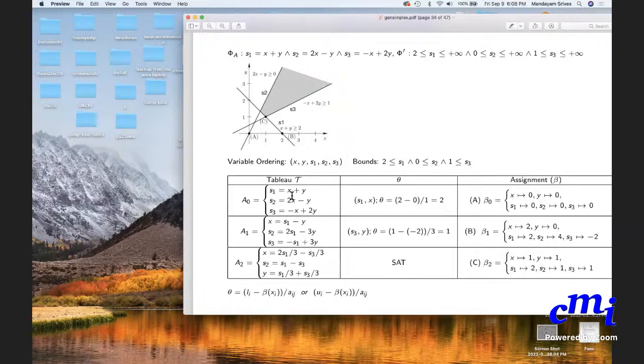So by defining x in terms of s1 and y, and then plugging x inside s2 and s3, s2 and s3 are now defined purely in terms of the current non-basic variables. And you update the assignment to the two variables that got pivoted.